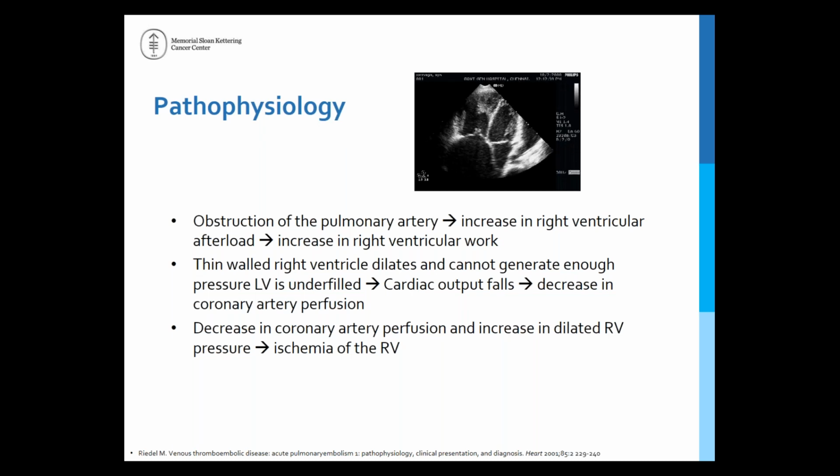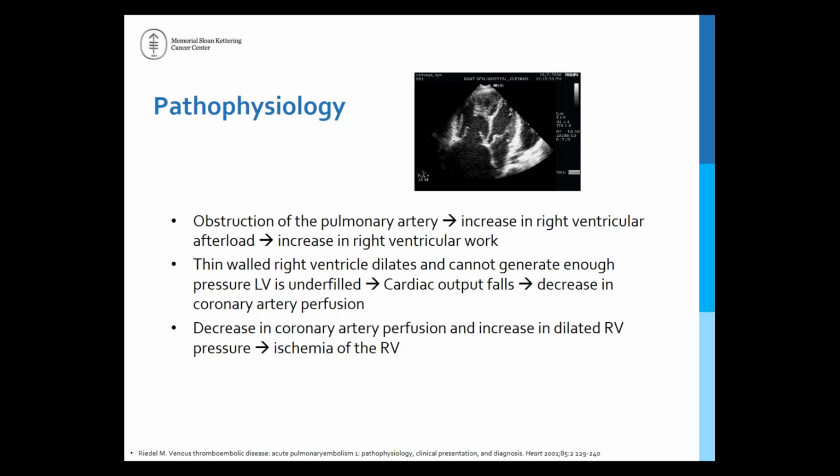So how this happens is that first the pulmonary artery is obstructed, right? And the pulmonary artery represents the afterload to the right ventricle. The right ventricle is only meant to beat against a very low resistance system. So once the afterload is increased in the pulmonary artery, this increases the right ventricular afterload and increases the right ventricular work.